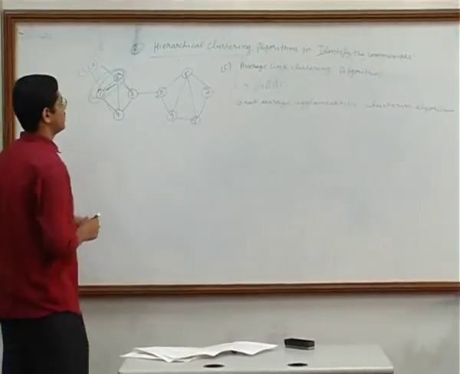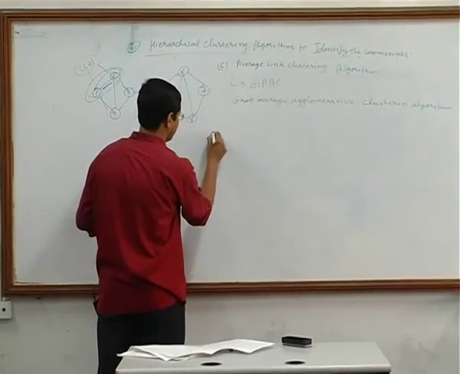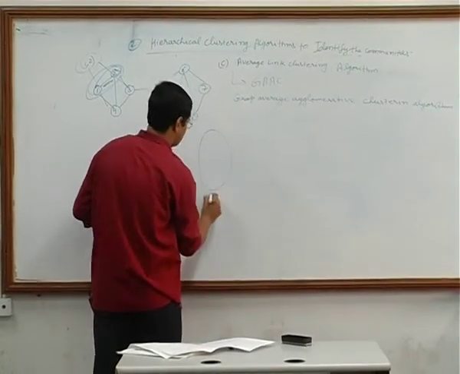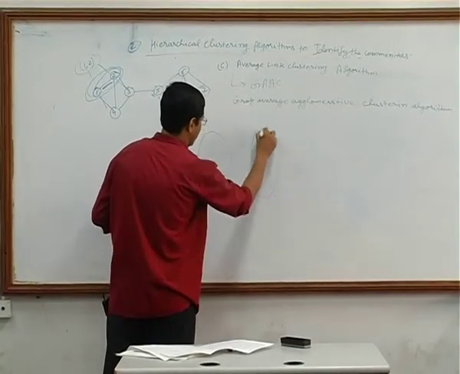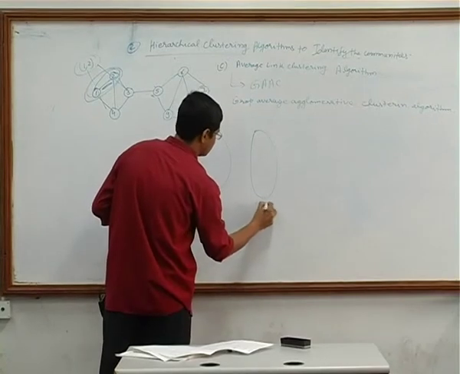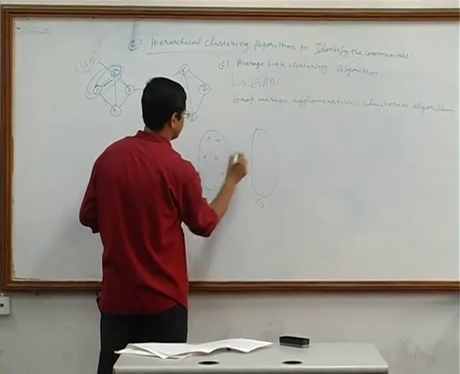In this algorithm, suppose we have a cluster Ci and a cluster Cj. It contains some points like this.